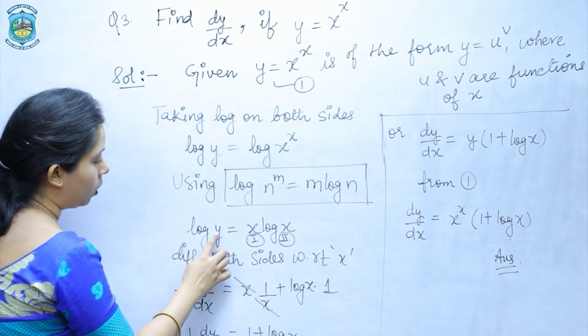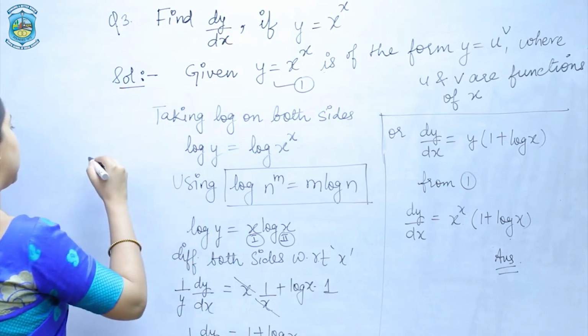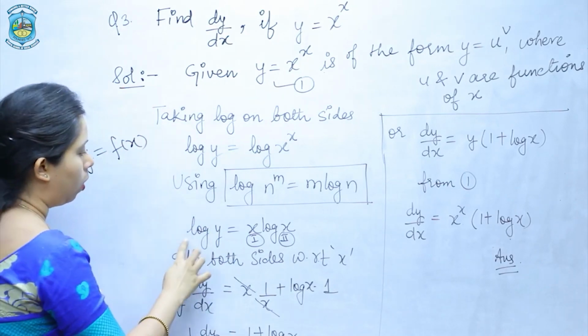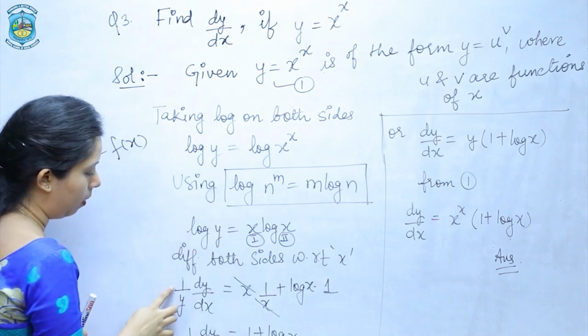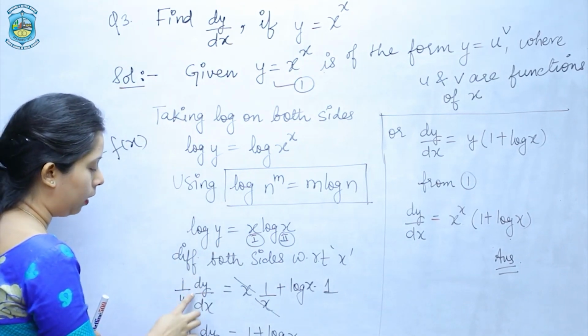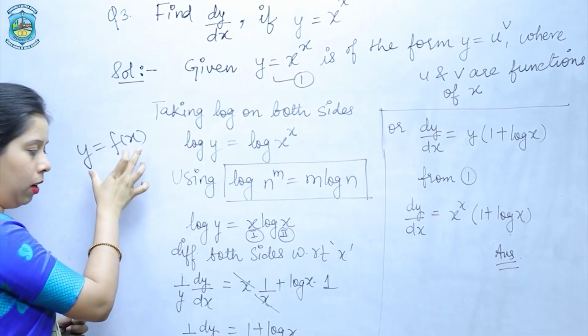Now when you differentiate log y, please remember that y is a function of x. So differentiation of log y will give you 1 upon y into chain rule, that is dy by dx. Don't forget y is a function of x.